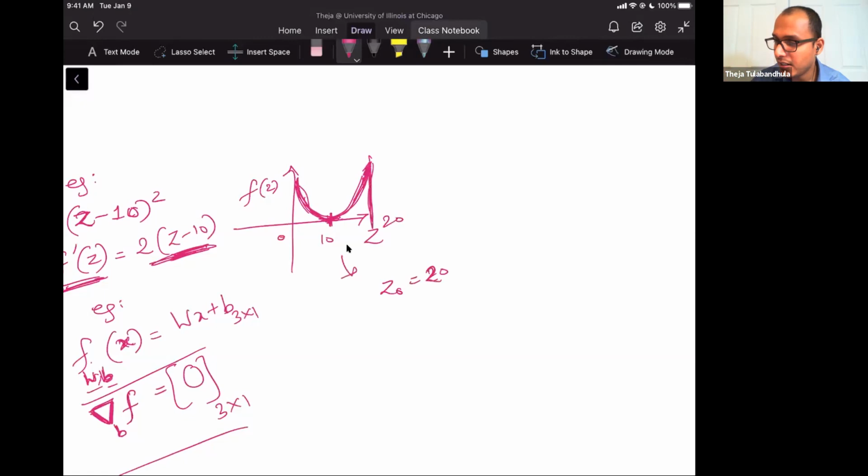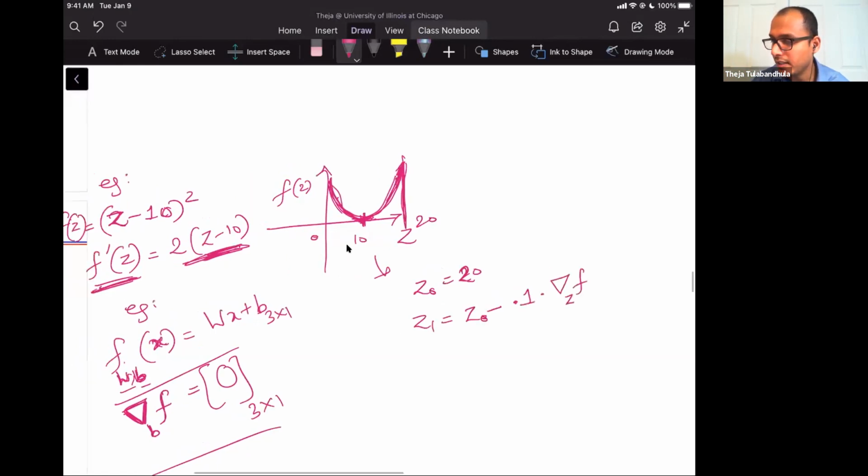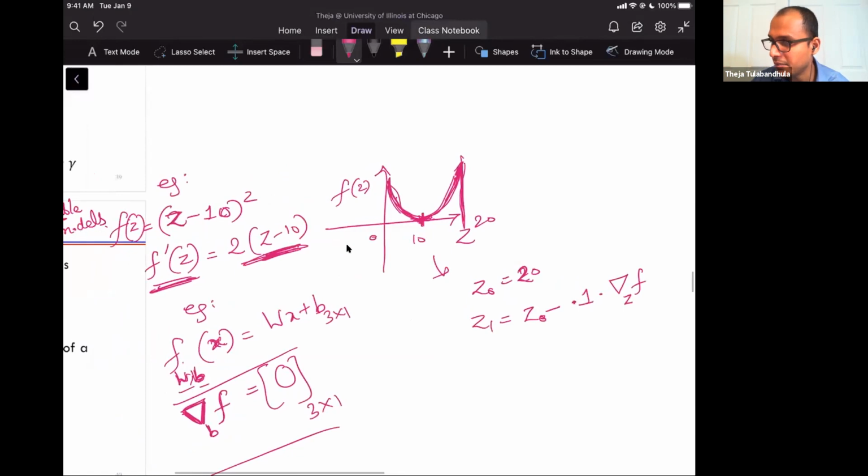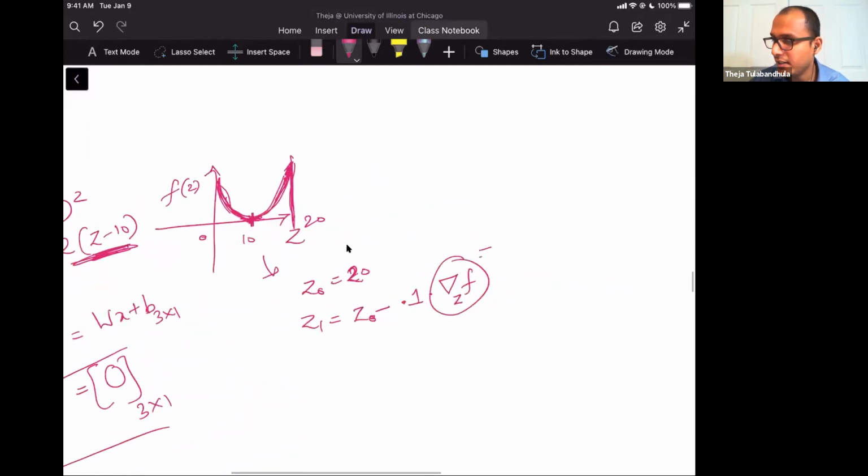What I'll do is take Z naught is equal to 20 and then try to find Z1, which is equal to Z naught minus some multiplier times the gradient of the function with respect to Z. And the gradient of the function with respect to Z is exactly equal to f prime of Z, and we know what that is.